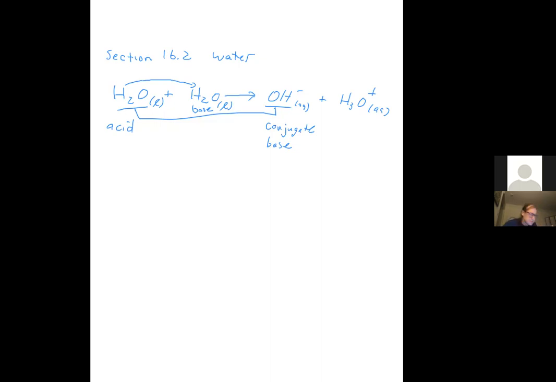The one with fewer is the base. Likewise, this guy changed here too. It accepted an H plus to become hydronium ion, right? Remember, this is called hydroxide. This is called hydronium ion. And make sure you got those terms. Okay, so this is the base, so this is the conjugate acid. I guess I'll write it over here.